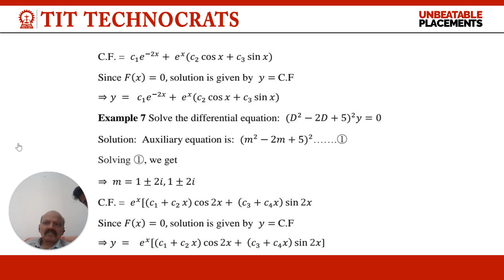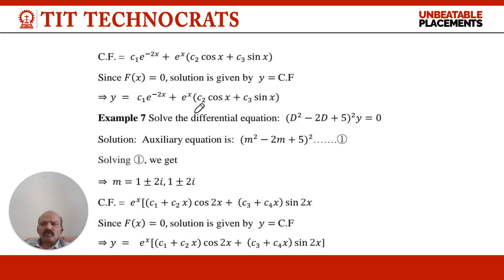So this is corresponding to the complex root. For each pair of complex roots, we have e raised to alpha x into (C2 cos beta x plus C3 sin beta x). Beta is here 1, alpha is 1. So this is the root, and therefore this is the equation.